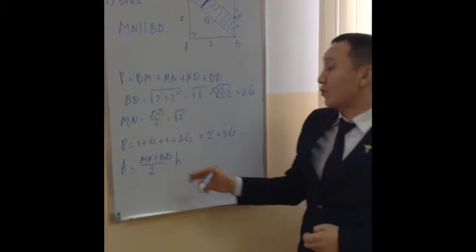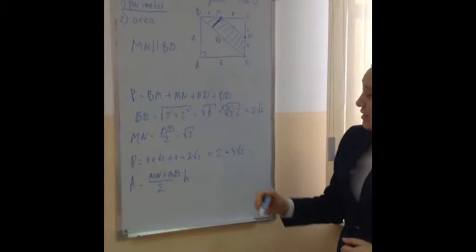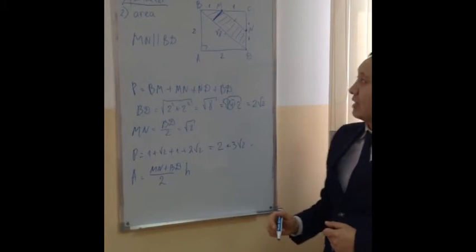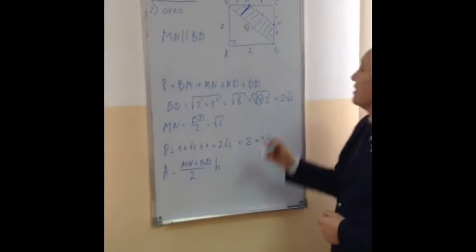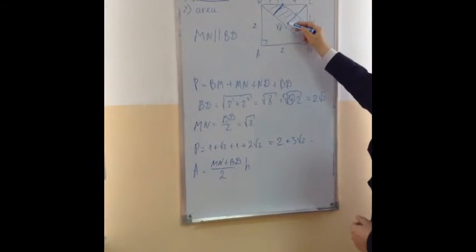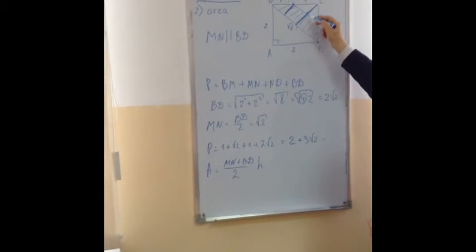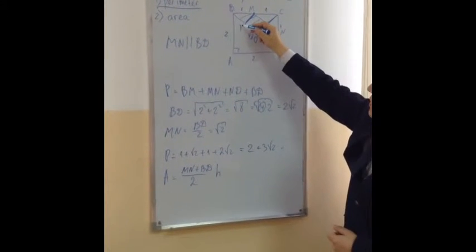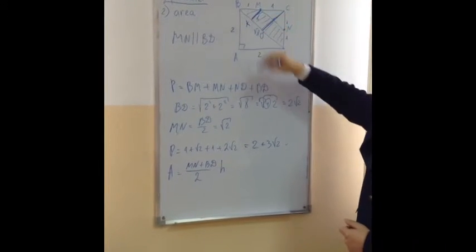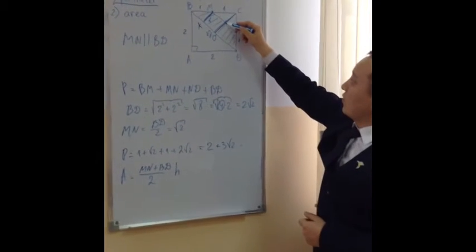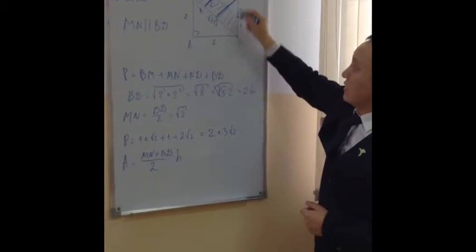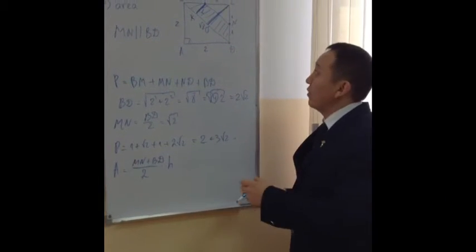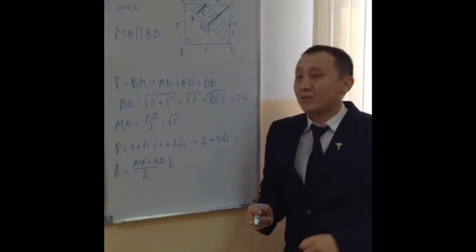So in order to find the area, the main task is finding the height of this trapezium. Let's look at CO. The height MK, as you can see, is equal to half of OC. So it's better to find OC first and then divide it by 2.